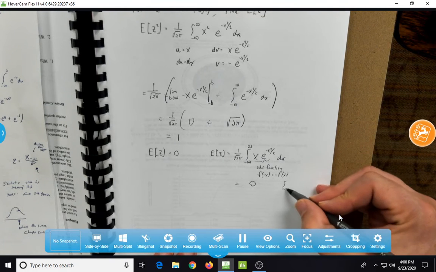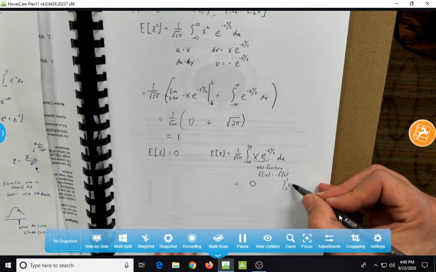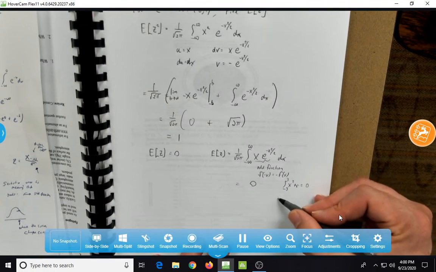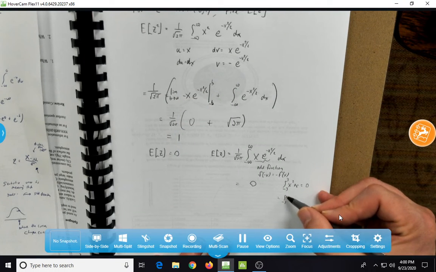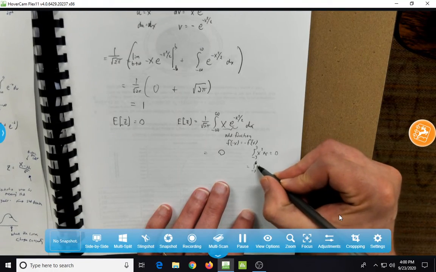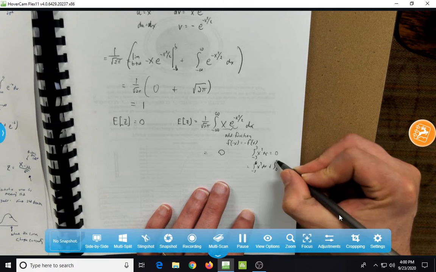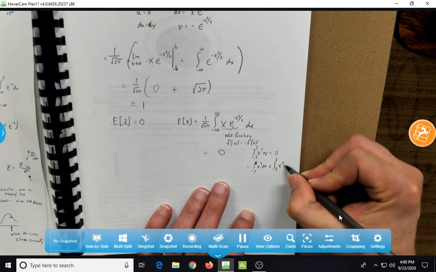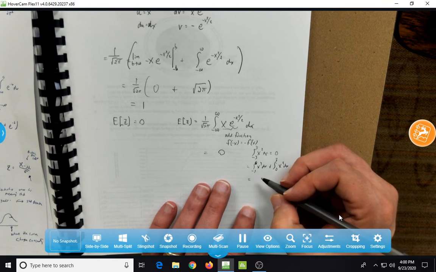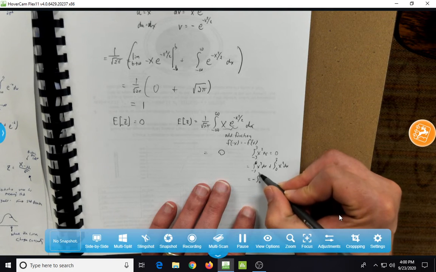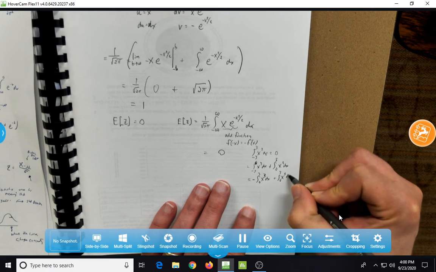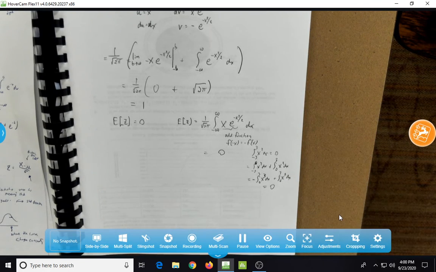You know, sort of like if you integrate from minus 3 to 3 of x cubed dx, you get 0, because you go from minus 3 to 0 of x cubed dx plus 0 to 3 of x cubed dx. Well, that's the same thing if you do a change of limits. You get minus 0 to 3 of x cubed dx plus 0 to 3 of x cubed dx, and you get 0. And that's partly by the symmetry.